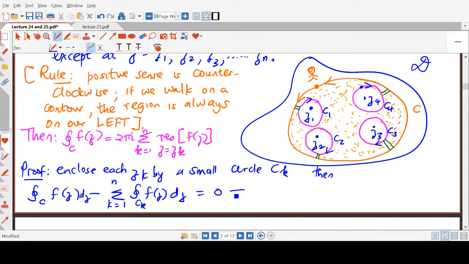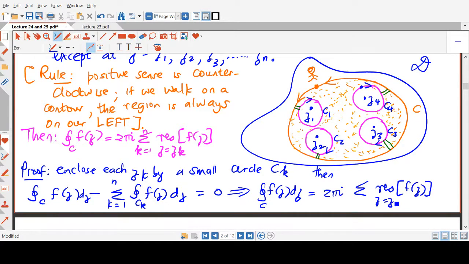This implies that the integral of f of z dz along C is simply 2 pi i times the sum of the residue of f of z at z equals zk, and k equals 1 up to n. So find the residue at each point, add them up, and we are done.